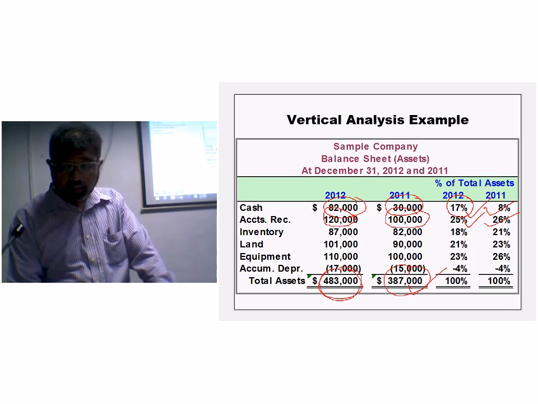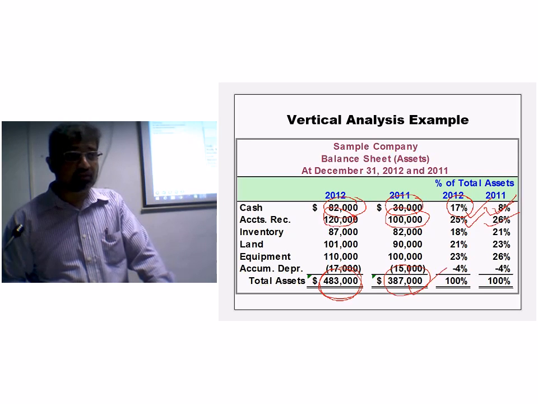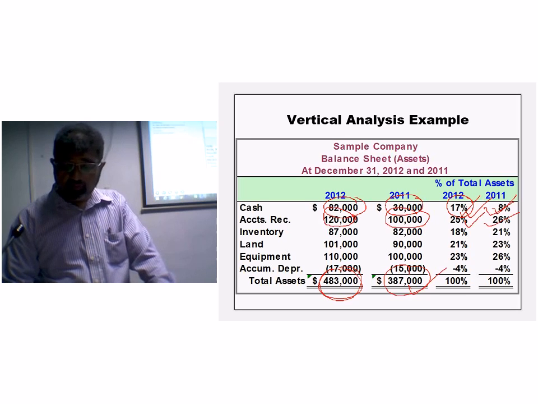Finally, we can compare. Here you can see a big difference in cash. Previous time 8%, now 17%. We can see a big improvement of liquidity, cash. Account receivables remain the same. Inventory also not much change.